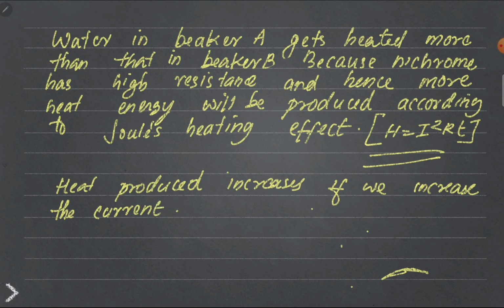Third question, what was the change that happened to the temperature of water in both the beakers on increasing time? They are just analyzing this equation, and they are asking you regarding each of the variables in this equation. So if we increase current, heat energy will increase. If you increase resistance, heat energy will increase. If you increase time of flow of current, then also heat energy will increase.